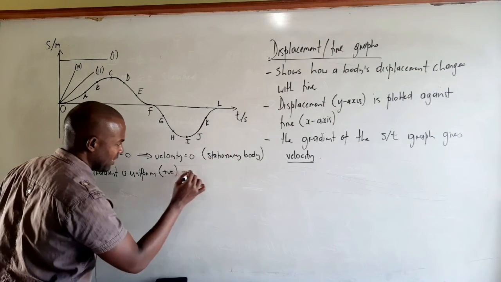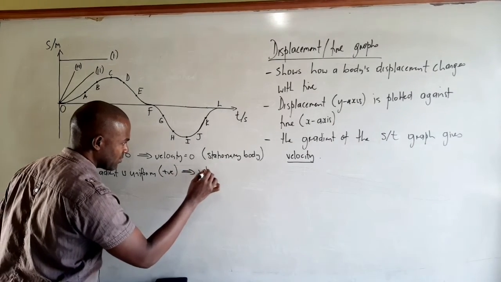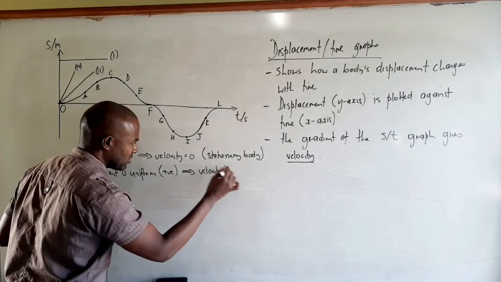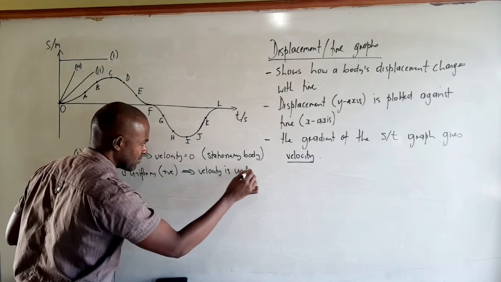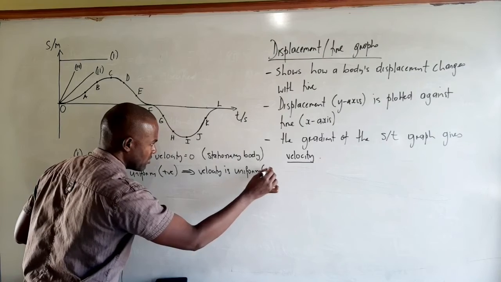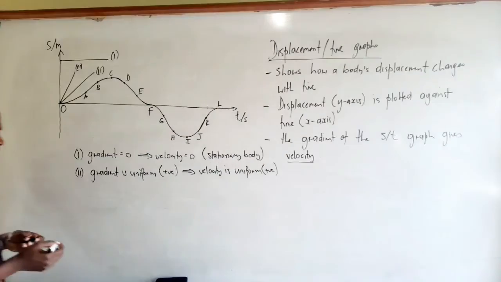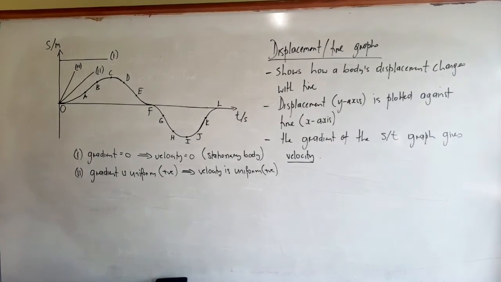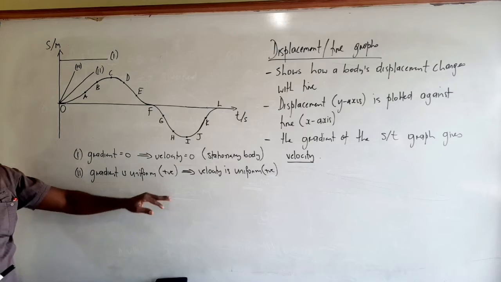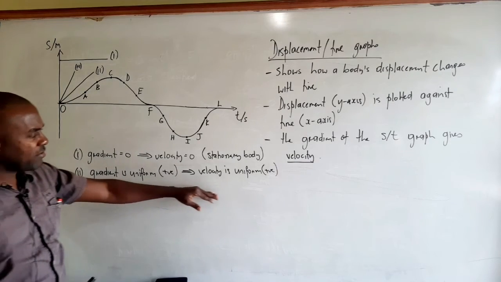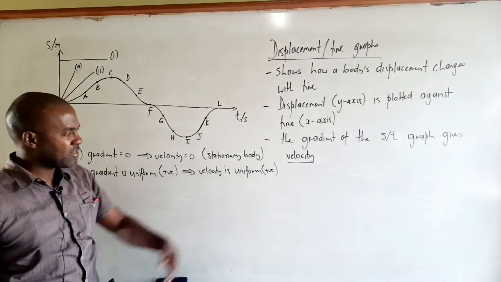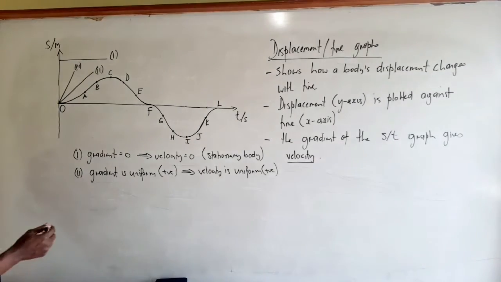And this therefore tells us that the velocity is uniform and also positive, right? So for graph 2, the displacement increases steadily with time. We say the gradient is uniform and also positive, and this means that the velocity is uniform and positive. Now let's look at graph 3.